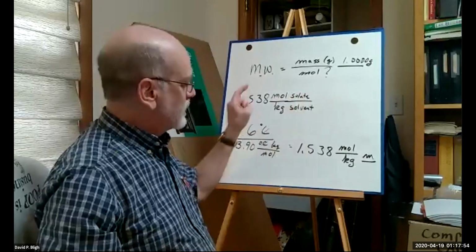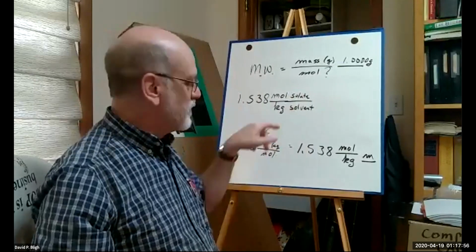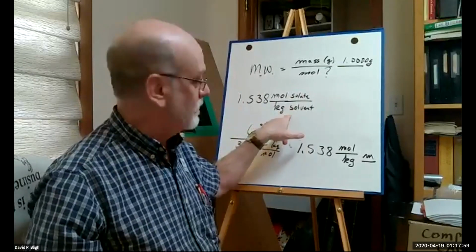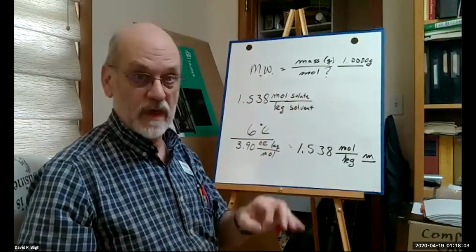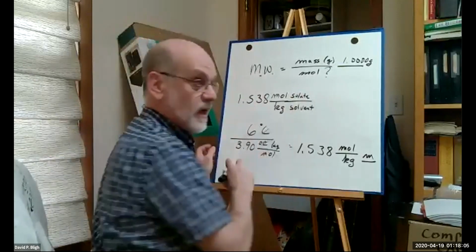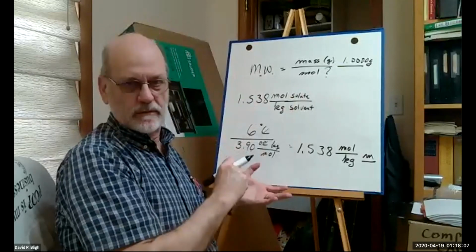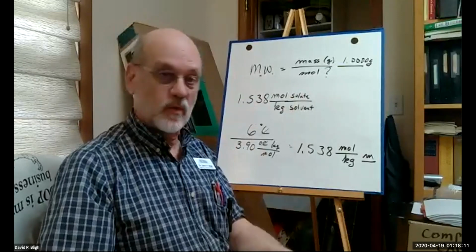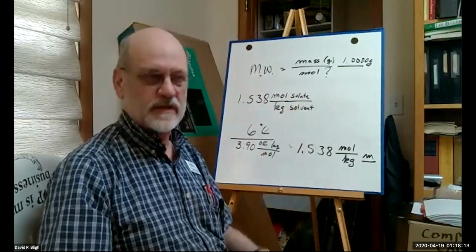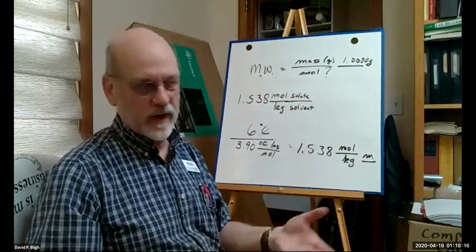What would give us moles of solute if we know how many kilograms of solvent are in that tube? And we do know that, don't we? Of course we do. We weighed it out. Lauric acid, we weighed out about 8 grams. So let's just, for argument's sake, say it's exactly 8 grams.